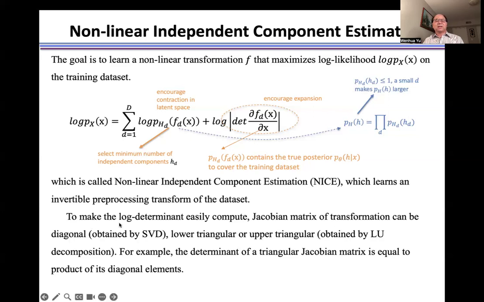To make the log determinant easy to compute, the Jacobian matrix of the transformation can be diagonal, lower triangular, or upper triangular. For example, the determinant of a triangular Jacobian matrix is equal to the product of its diagonal elements.